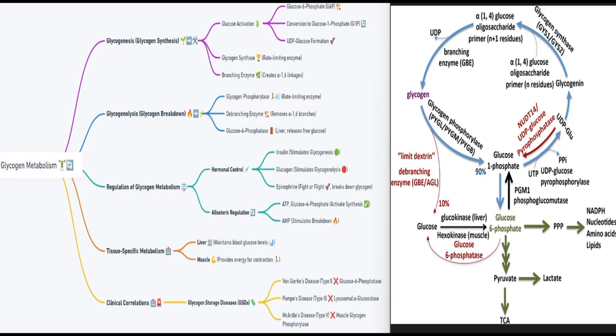And this is achieved by breaking a 1,4 bond and creating a new 1,6 linkage. And this action creates a highly branched structure of glycogen. So glycogen is 93% 1,4 and 7% 1,6.